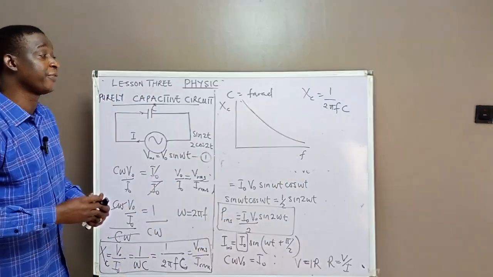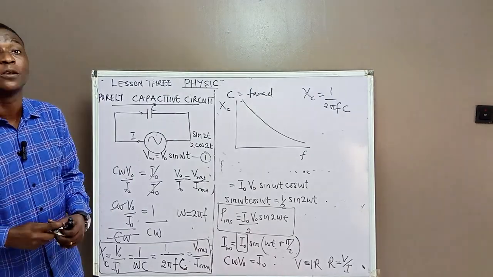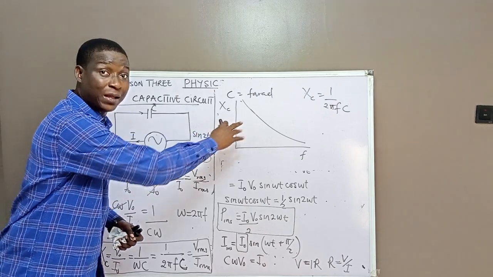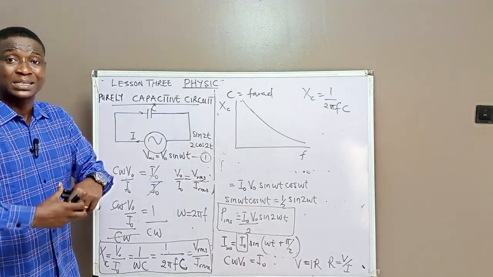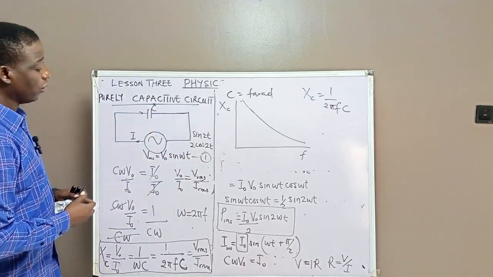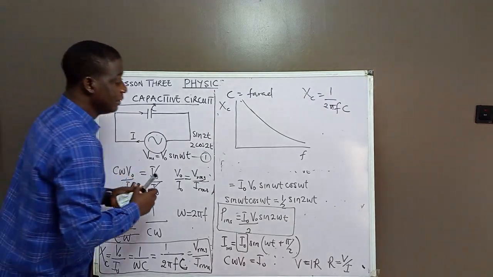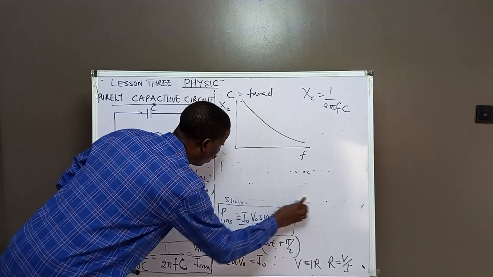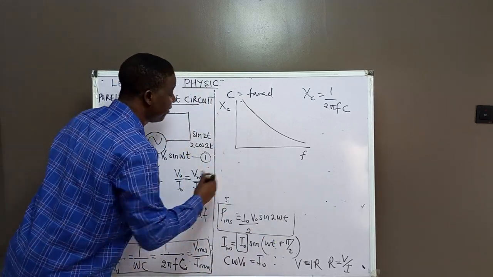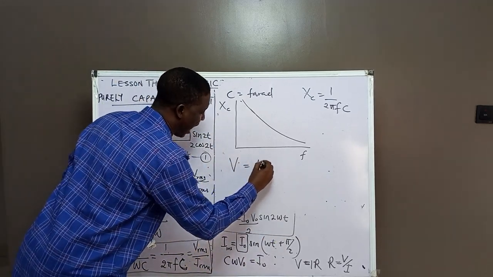So it depends on frequency, unlike resistance, which does not depend on frequency. Please take note of that, because we are going to combine them under the RLC circuit. Then the last one, according to Ohm's law, is V equal to IR.